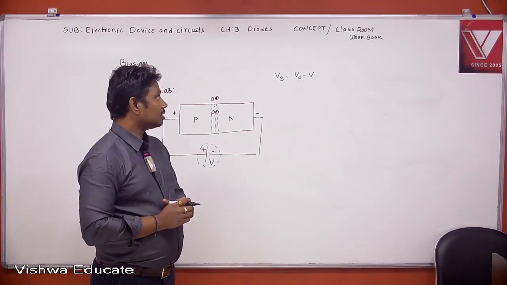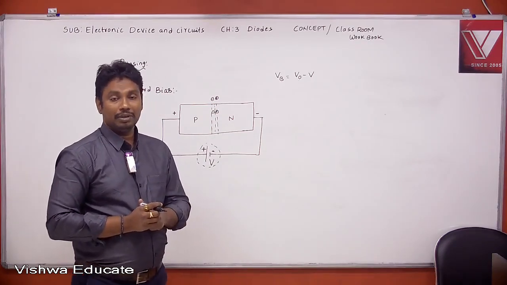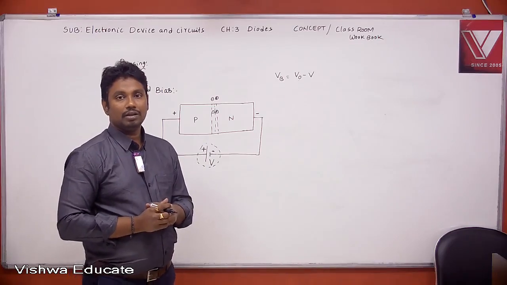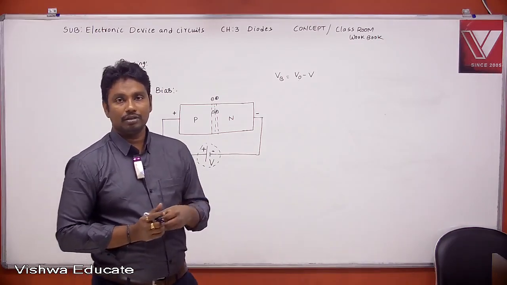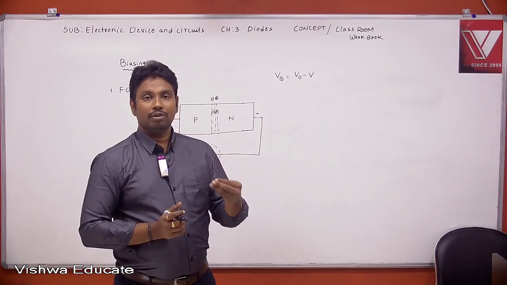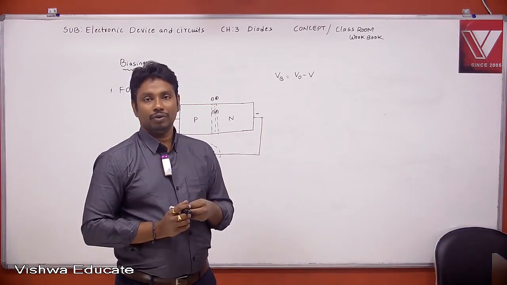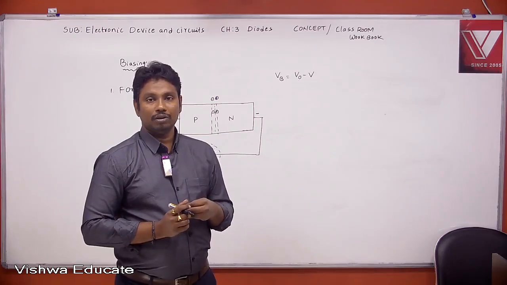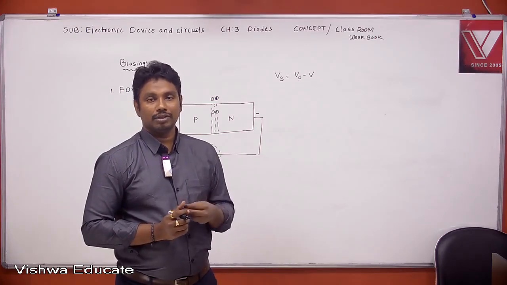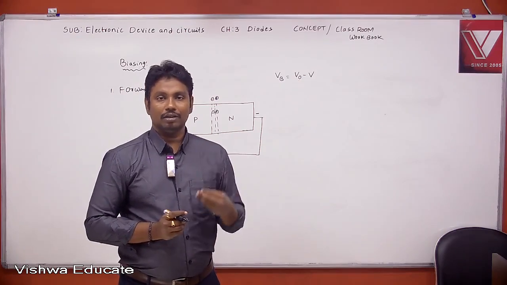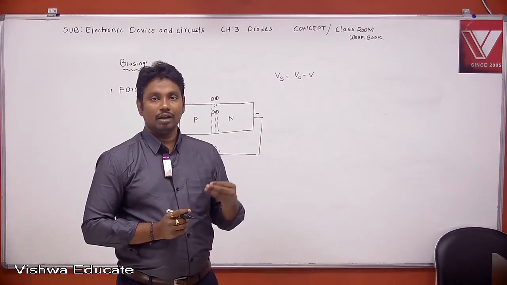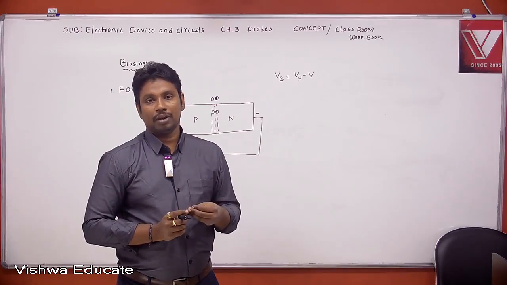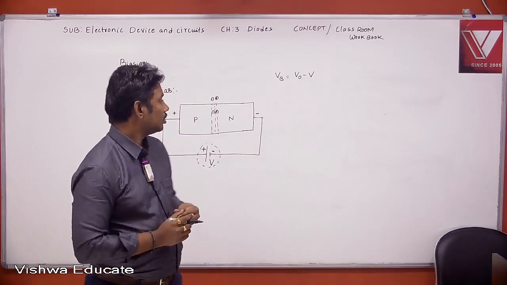Where VB is the net barrier potential, V0 is the built-in potential, and V is the applied external voltage.